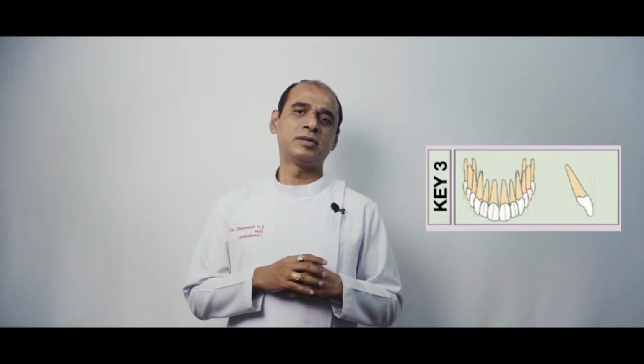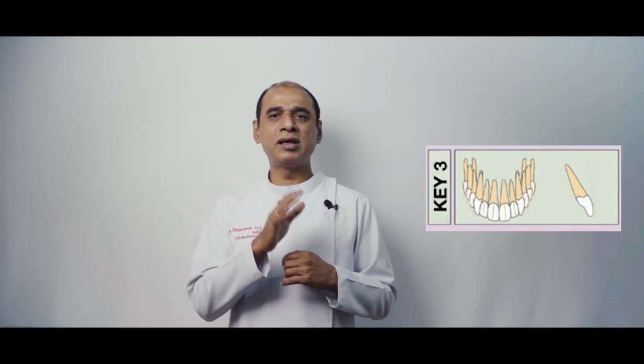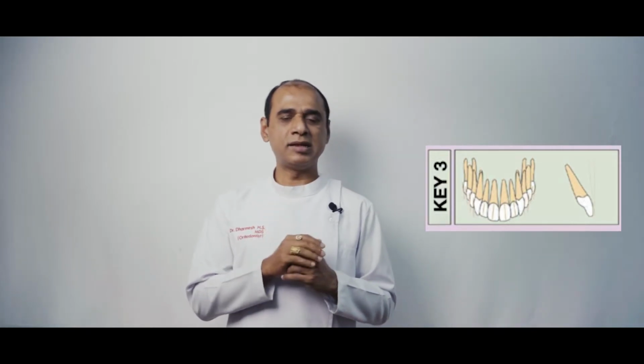And the third key is labiolingual inclination, that is buccolingual inclination of the long axis of the crown, not to the long axis of the entire tooth. You should remember, not to the long axis of the entire tooth. The lingual crown inclination occurs in the maxillary and mandibular posteriors, that is negative inclination.